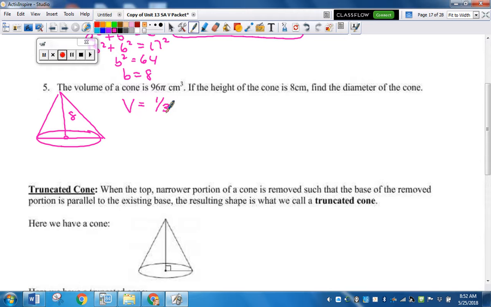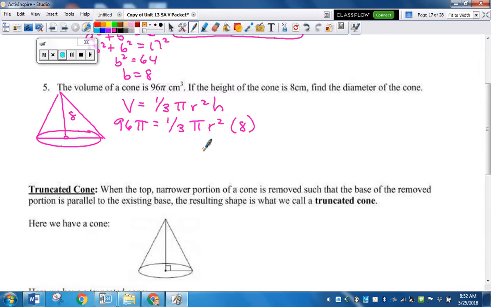Volume equals 1/3 pi r squared h. So they give me the volume, which is 96 pi, and I got 1/3 pi, don't know r. If I knew that, I would be all set. Pi r squared, and I know my height is 8.